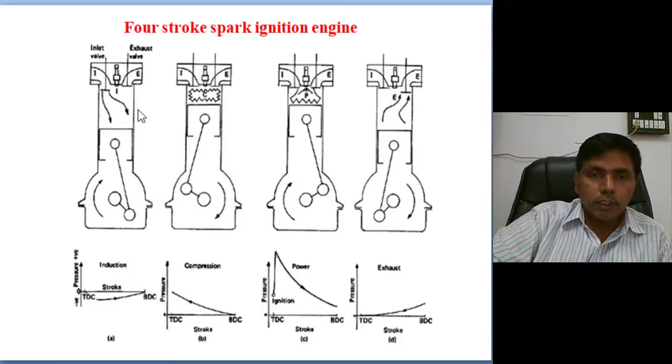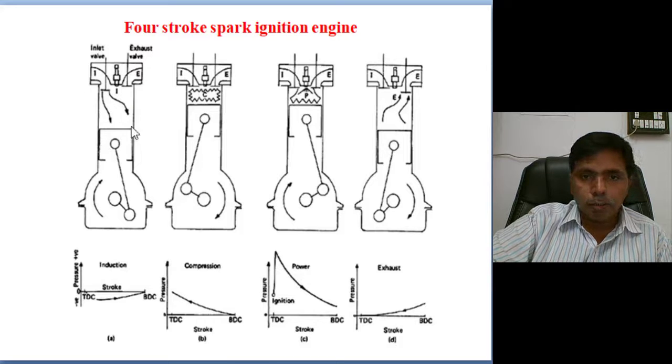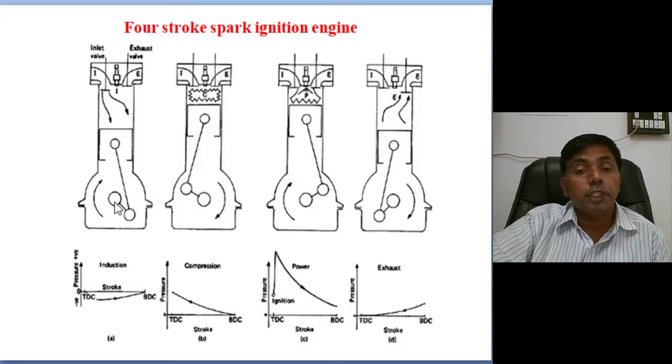This is the cylinder, this is the head, inlet port, exhaust port. This is a spark ignition engine, so there is a spark plug, and this is the piston, connected to the crankshaft by the connecting rod. One piston movement from TDC to BDC, 50% rotation, means 180 degrees rotation of the crankshaft will take place.